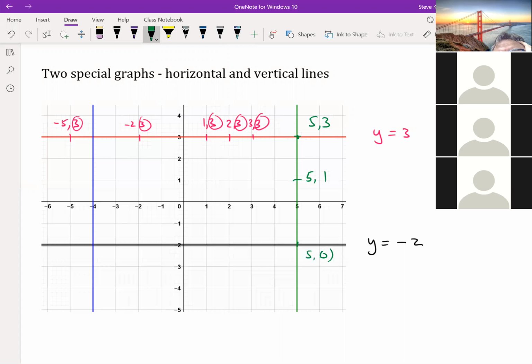And so hopefully you can see that one way in which I can describe this line is simply to say it's the line where every x value is 5. Or for this one, it's the line where every x value is -4. And so those are equations of vertical and horizontal lines that we need to know and be prepared to use.